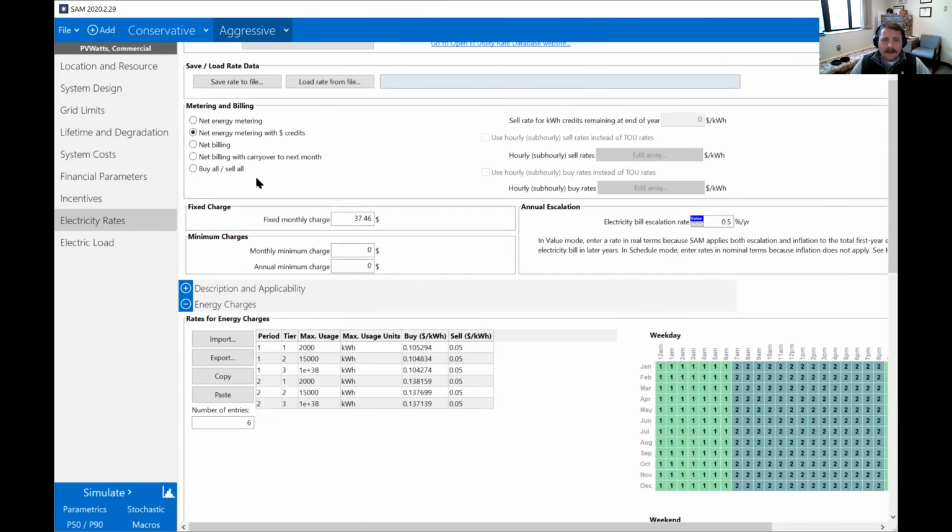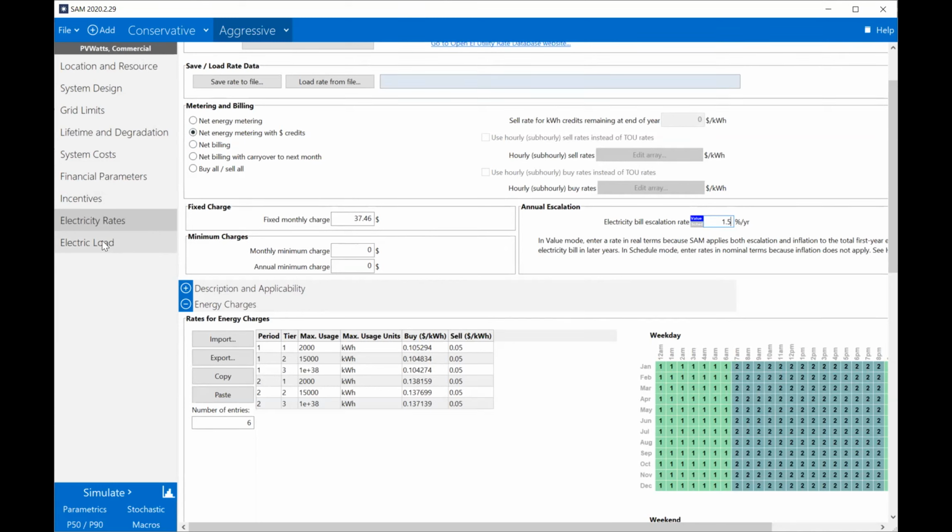My electricity rates, I'm going to leave the same, but I'm going to be a little aggressive. Instead of 0.5% a year, I'm going to inflate that at 1.5% a year above inflation, because I think we're going to retire some coal-fired power plants, the price of electricity is going to go up, and I need to be more aggressive with that. And again, think about what this is going to do behind the scenes. John showed the charts that he was really liking, showing that we were not necessarily over generating on that 25 kW system, right?